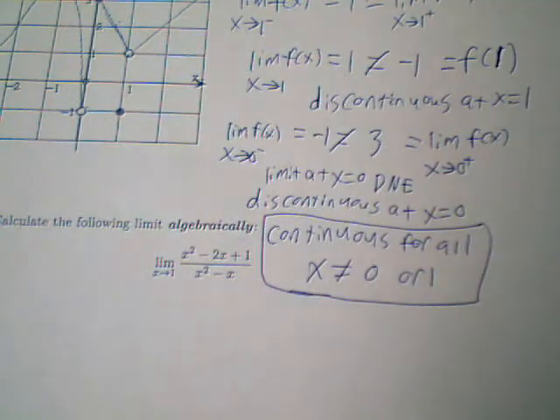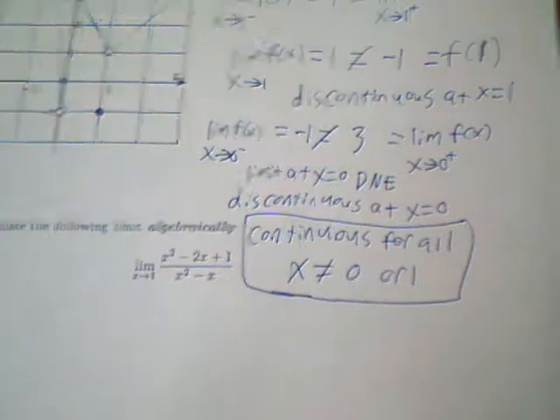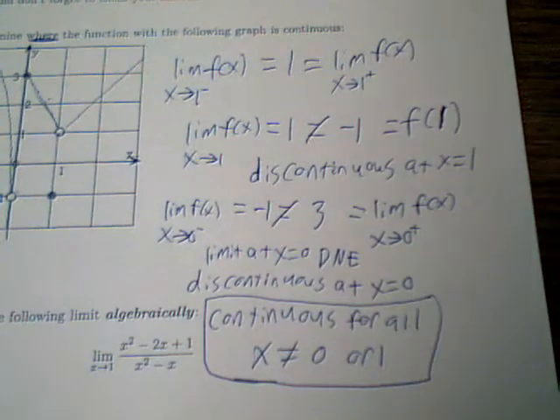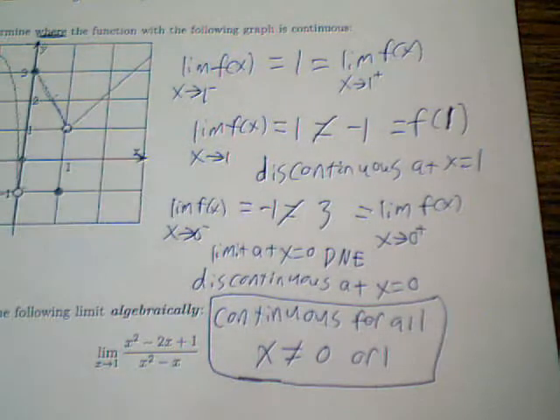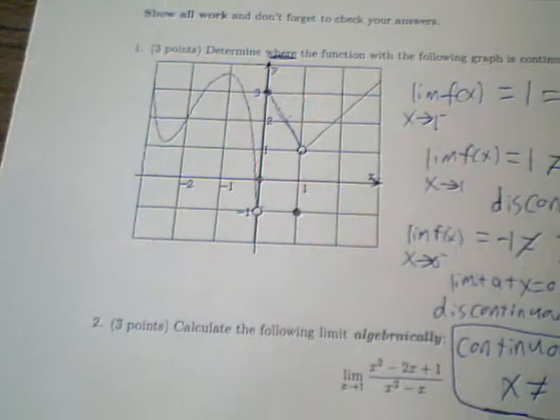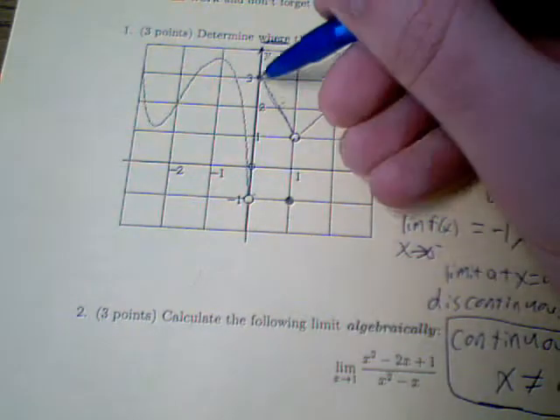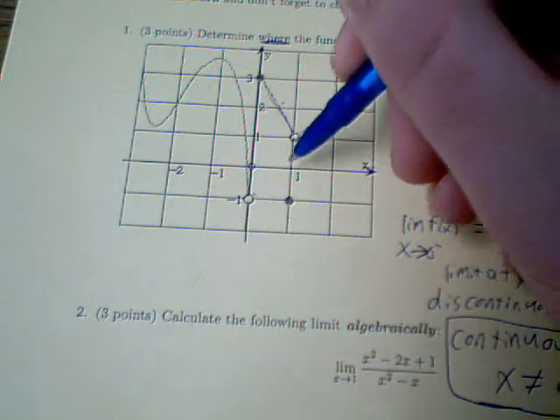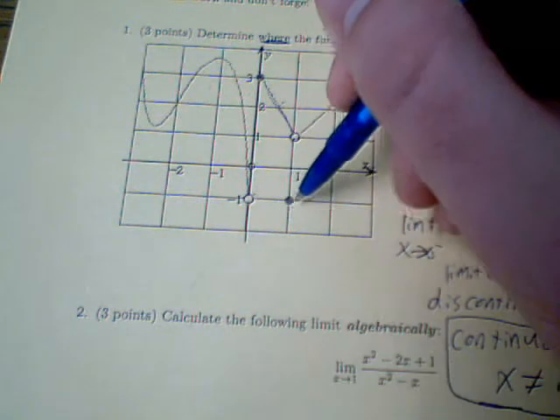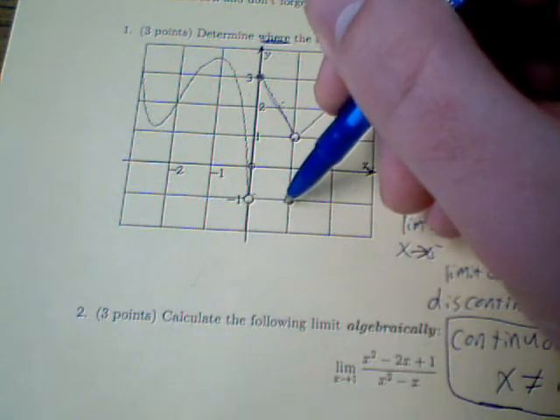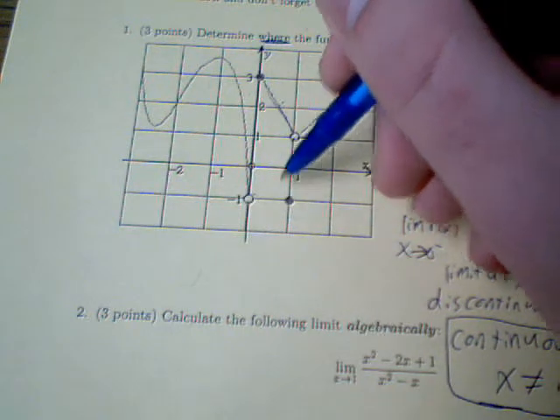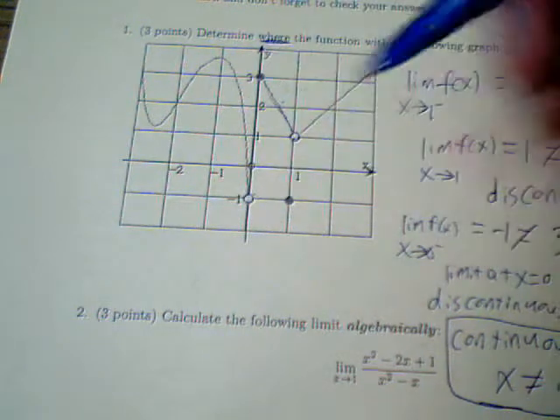Alright. Now, if you're given a graph, not all of this is necessary for explanation, for the record. One could look at this and say, I've got an open circle here, and then a closed circle somewhere else. Anytime you've got that, it's not going to be continuous at that point.